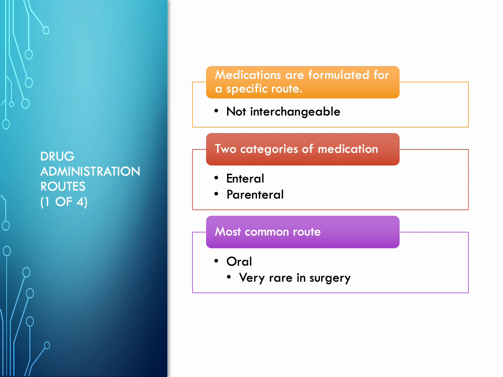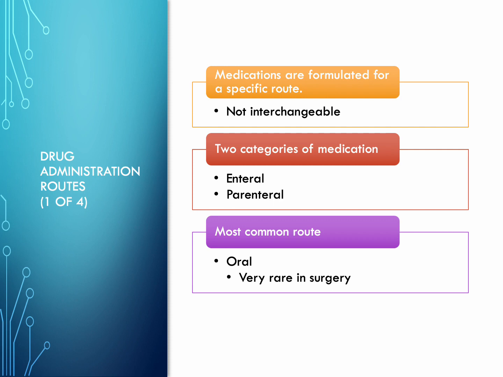Now, two categories of medication administration routes are enteral and parenteral. Enteral meaning through the gastrointestinal tract. This can happen in one of two ways, either orally or rectally.